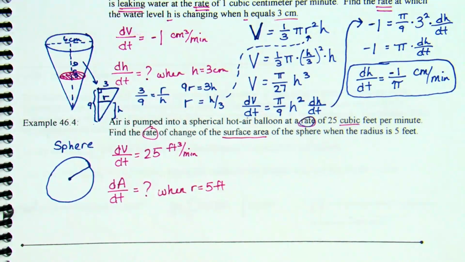Okay. I will need some formulas. I don't know, are you trying to do area or are you trying to do volume? Volume is 4/3 pi r cubed. And actually, we're going to need both here.